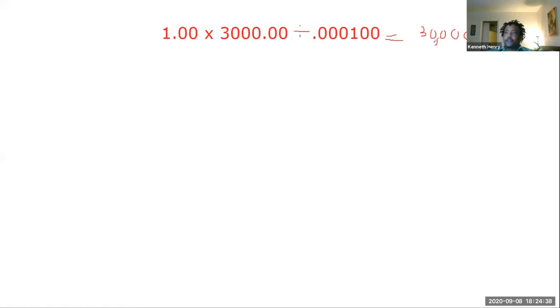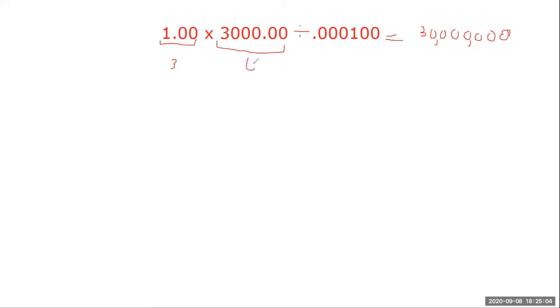Okay. So how many sig figs? 3 sig figs. Okay, how many do we have here? 3. So that's 3. What about here? 6.